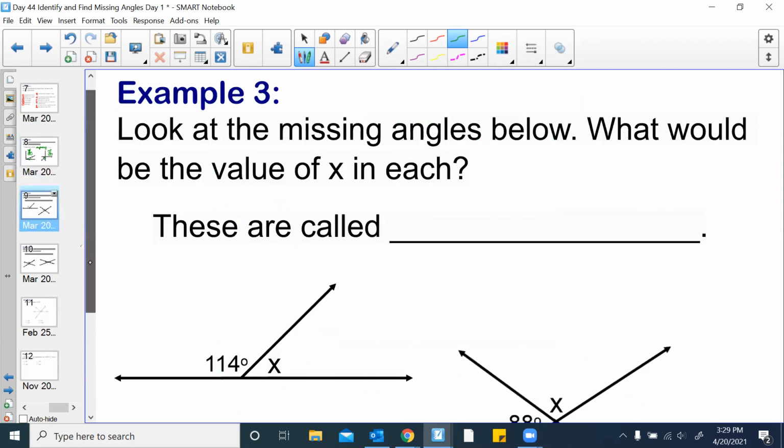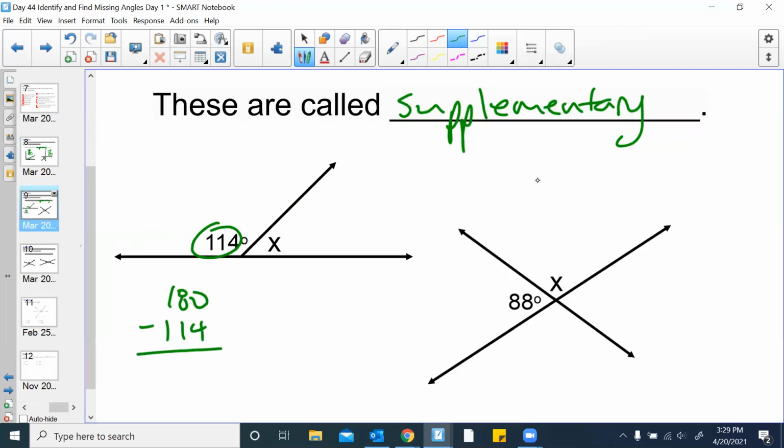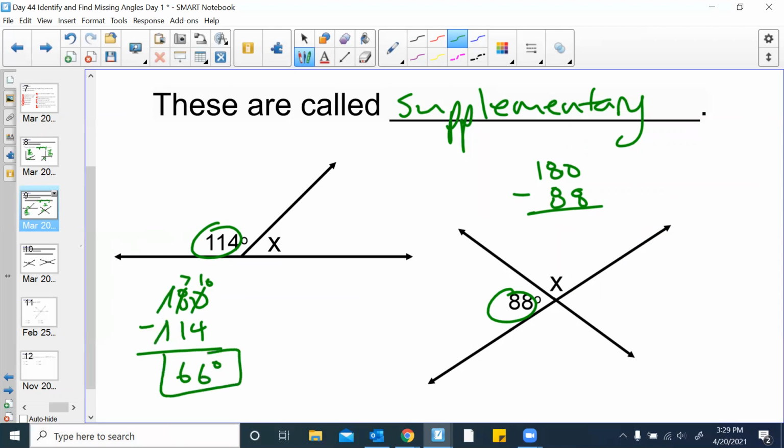Here we're looking at supplementary, and I can tell because we're looking for that whole line. We know that the whole straight line is going to be 180 degrees. So again, same thing. I'm just going to take 180 and subtract what they give me. So here, that's 180 minus 114, and we would have 66 degrees for our x.